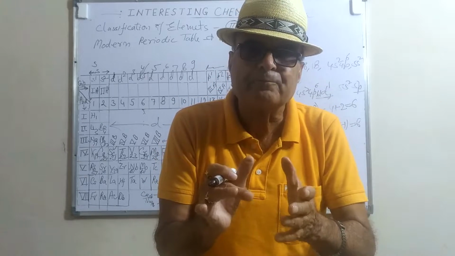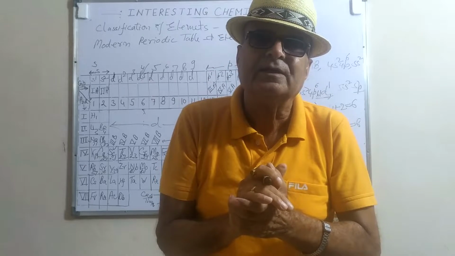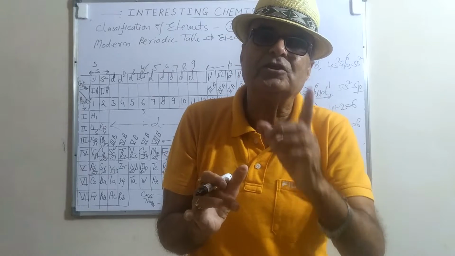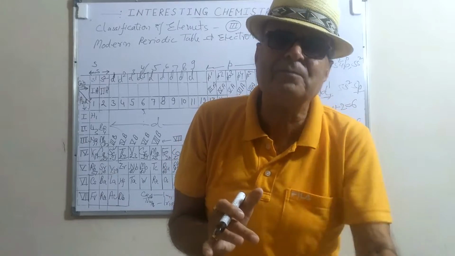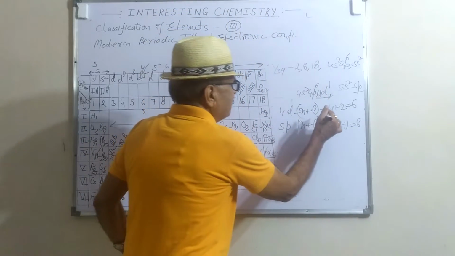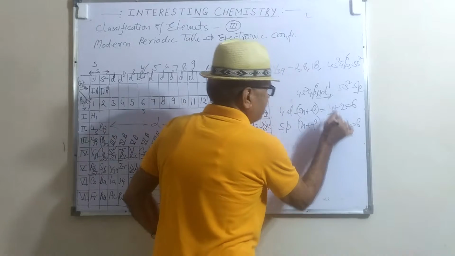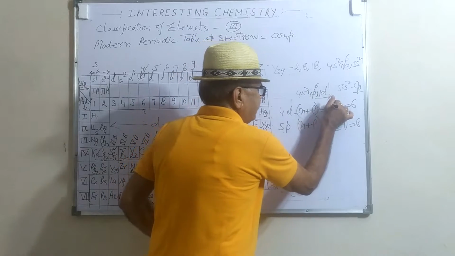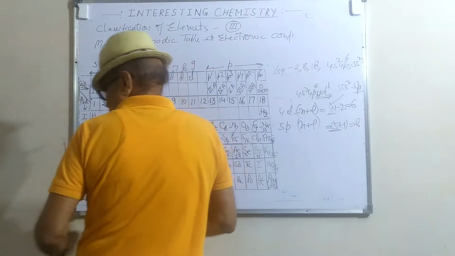So the entering electron will occupy the orbital which has the lower principal quantum number. Here the principal quantum number is 4, here it is 5. So the newly entering 39th electron will enter into the 4d. So this is 4d1. I think you have understood.